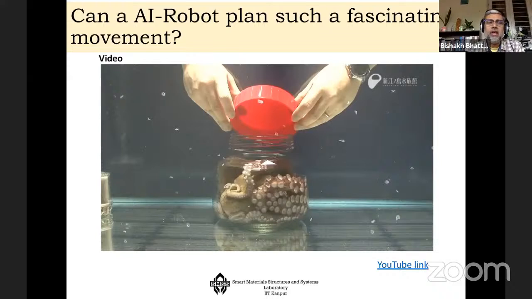Octopus is a fascinatingly intelligent animal which has about 500 million nerve cells, almost at the same level as a dog or a cat, but it is an invertebrate and just a little above the mollusks like the snails.